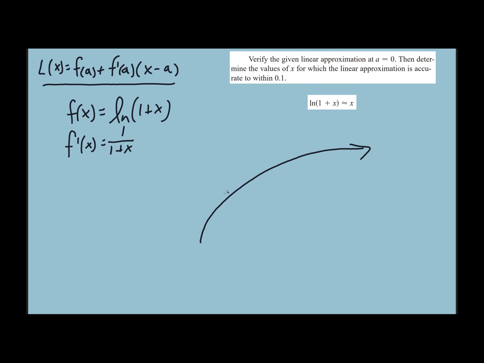If I was to draw a picture of this, you'd see something like this. And this is maybe where a equals 0. They're saying this is so similar that we can say they're pretty much the same. And they're asking what the window is in which we can keep this true, where they're not 0.1 apart from each other. That's the general idea here.